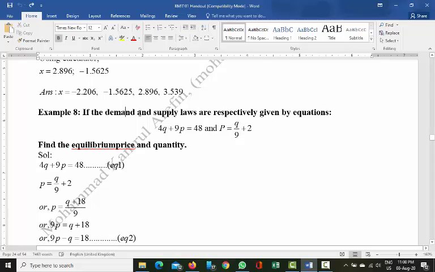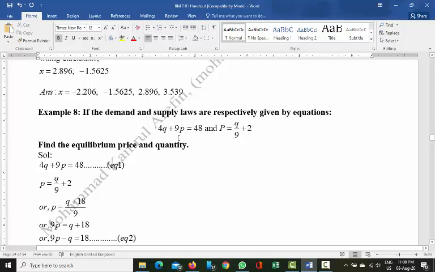If the demand and supply laws are respectively given by equations, the first one is the demand equation and the second one is the supply equation. The question is asking to find the equilibrium price and quantity.